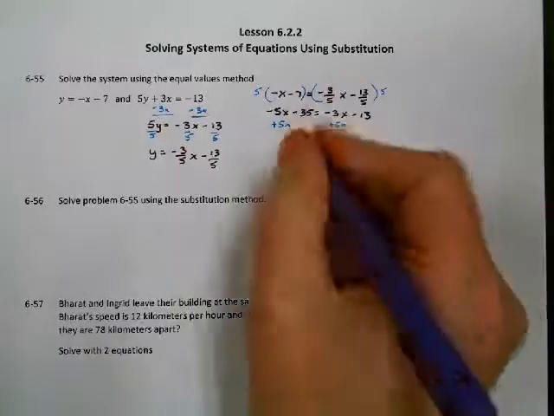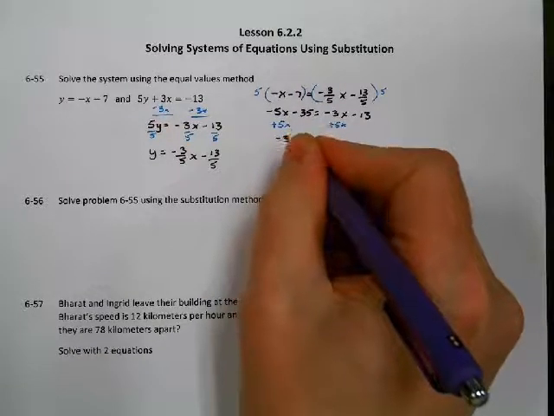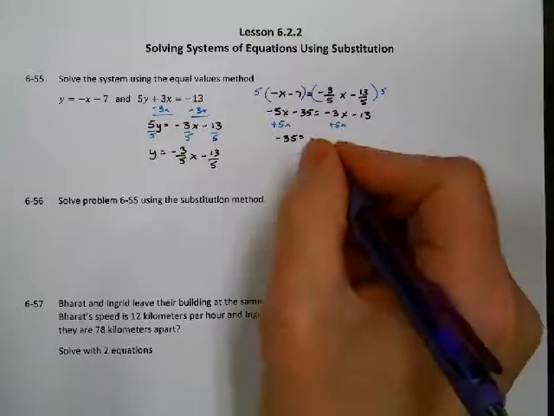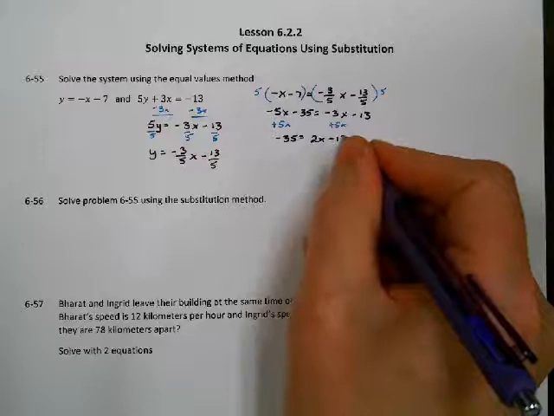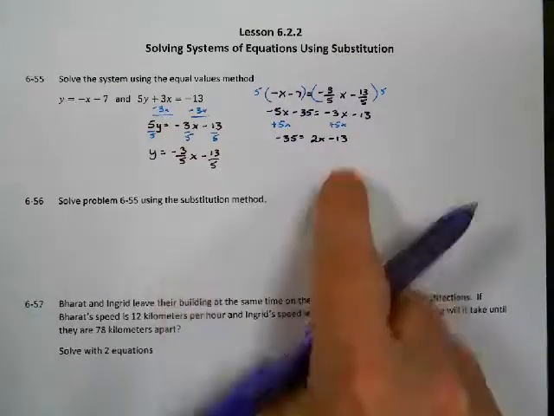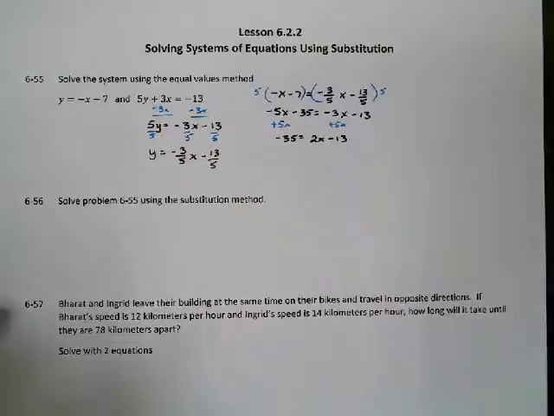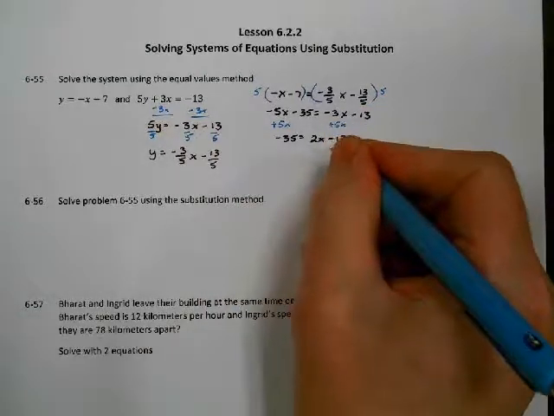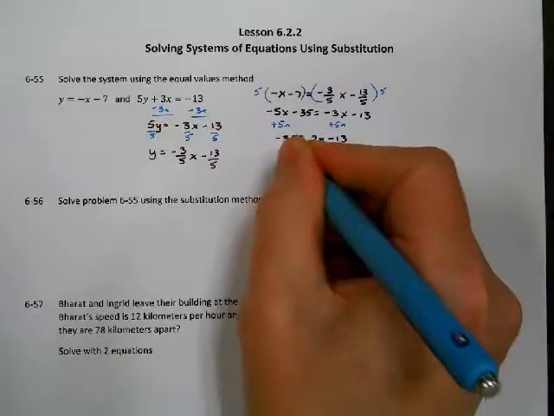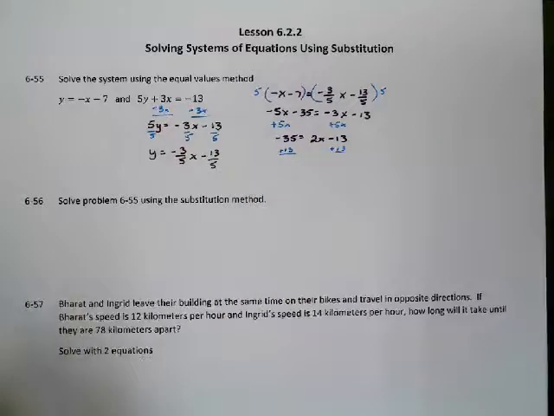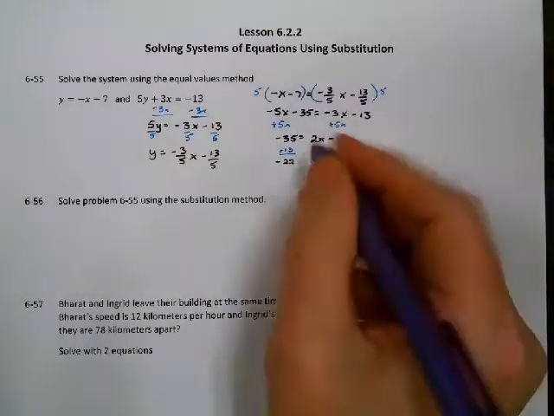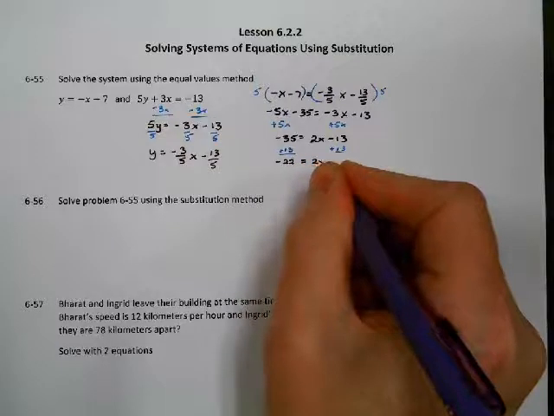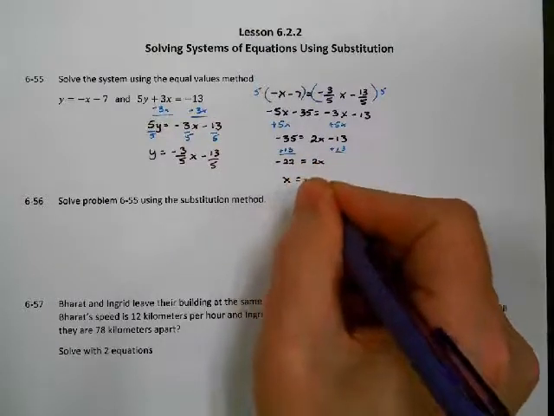And that would give me negative 35 is equal to 2x minus 13. And then I would probably add 13 to both sides. And so then I'd get, what's that, negative 22? Yeah, I think so. Equals 2x. So x would be equal to negative 11.